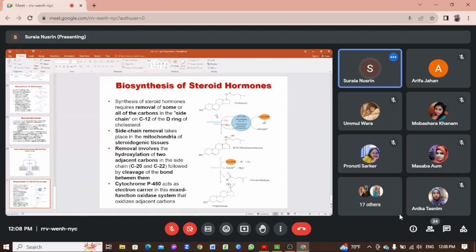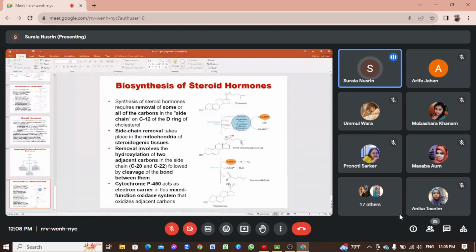But we can see that the precursor here is cholesterol, and cholesterol undergoes removal of the side chains, specifically the hydrocarbon chains, and these biosynthesis reactions occur within the mitochondria of steroidogenic tissues, that means the adrenal cortex or the gonads.